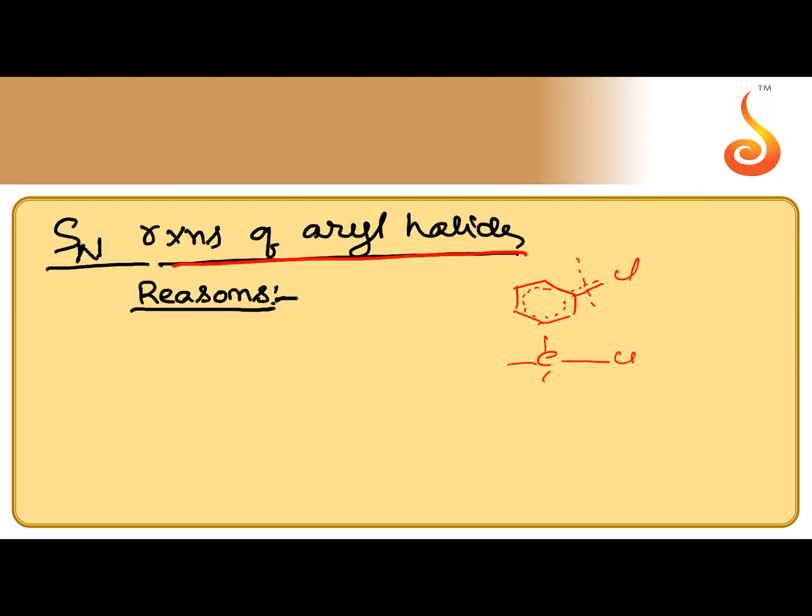Even though it is difficult, aryl halides also undergo SN reactions either by creating drastic conditions or by keeping electron withdrawing groups like NO2 at ortho and para positions.